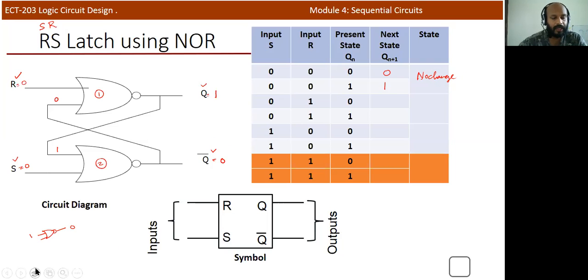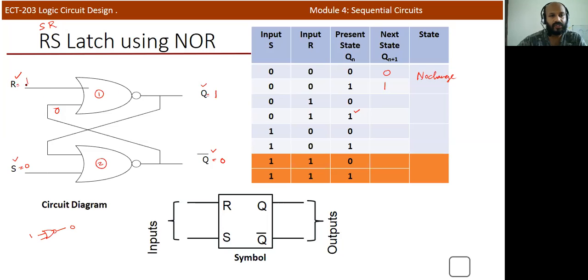Now we can verify the other input combinations. That is R equal to 1. If R is equal to 1 and the present state is 1, so Q bar is equal to 0. Here you can see that the R input is 1 and one of the inputs of the first NOR gate is 0.